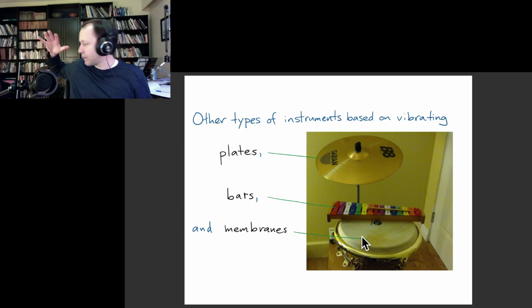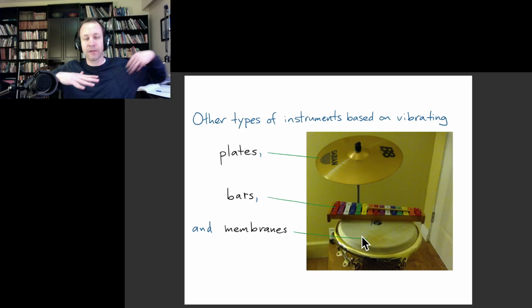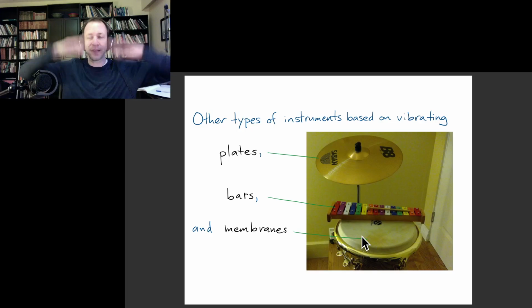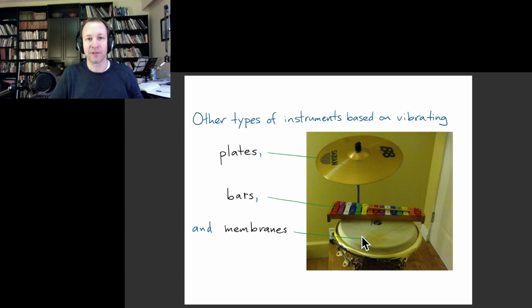Same thing with the head of a drum. So there's a fundamental frequency where the entire drum skin is vibrating up and down. That's the lowest frequency mode of vibration for that drum skin. But then there are many other possible ways that the drum skin can vibrate. It's more complicated because it's a 2-dimensional thing instead of just a string.